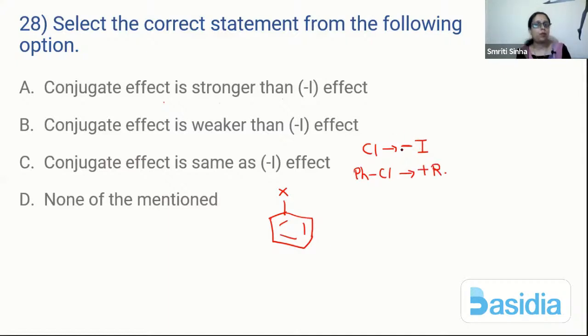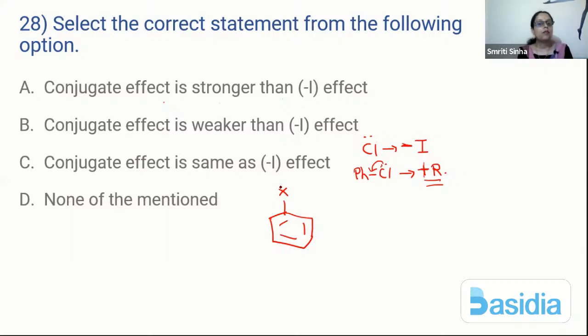So what is happening? Why is this minus I going to plus R? Because this Cl has a lone pair of electrons, and because of this lone pair, it can show the plus R effect by donating it. But this Cl also has an electronegative nature, so it shows the minus I effect.